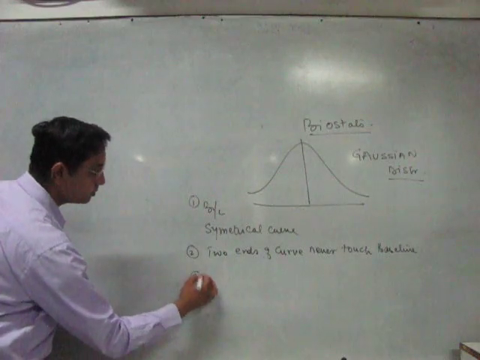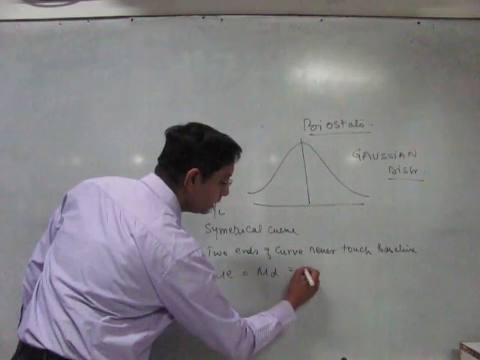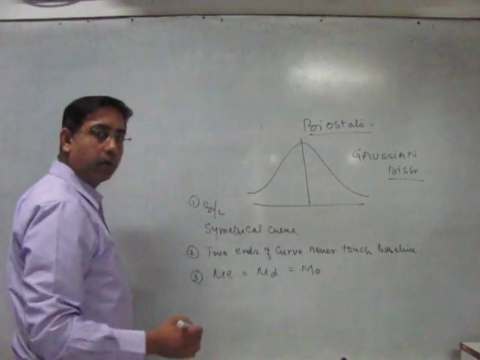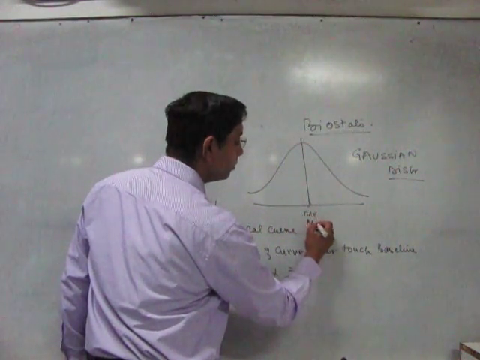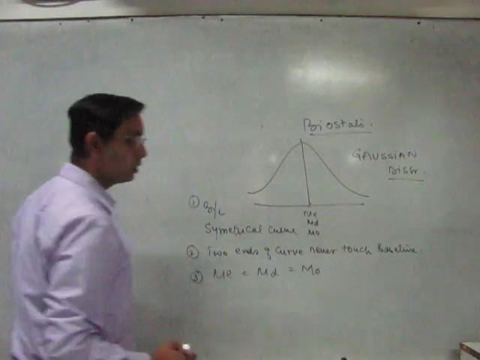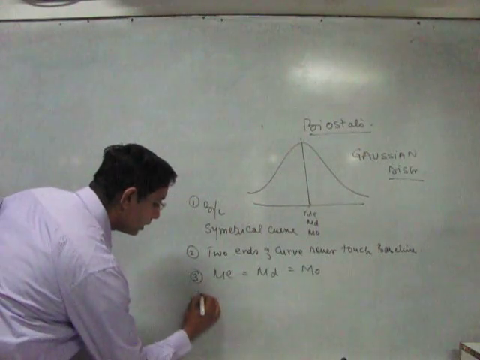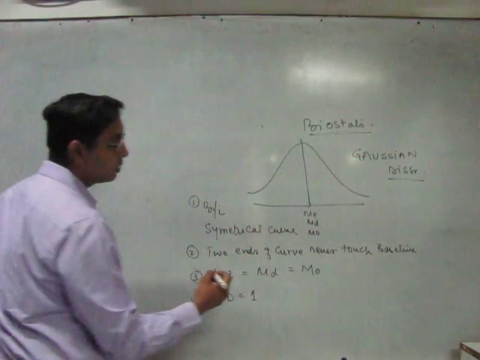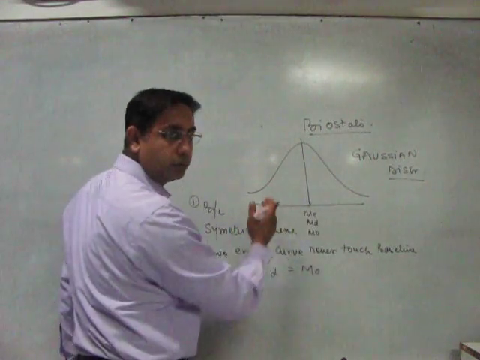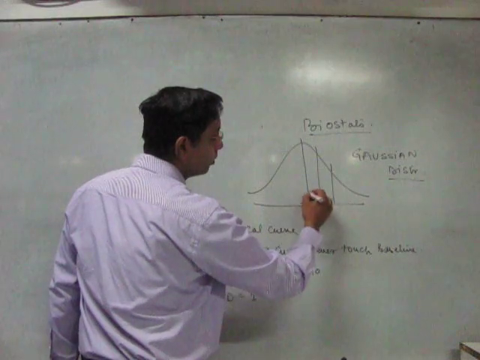Third point, the mean is equal to the median is equal to the mode. What does it mean? That at the central point, the mean is equal to median is equal to mode. Fourth point, the standard deviation is equal to 1. What does it mean? That in a normal distribution curve, the standard deviation will go around in 1 units.